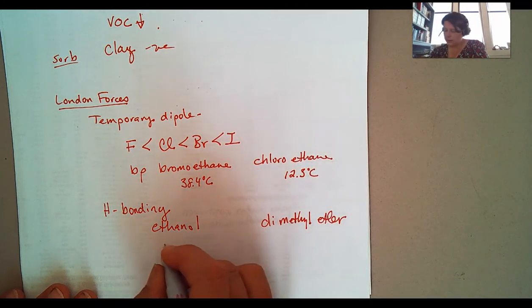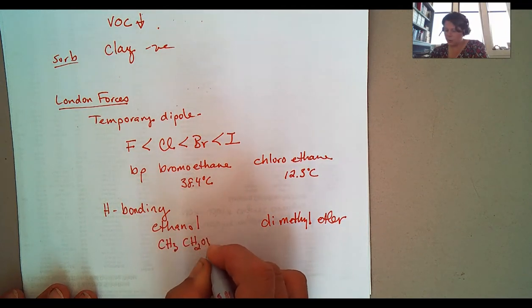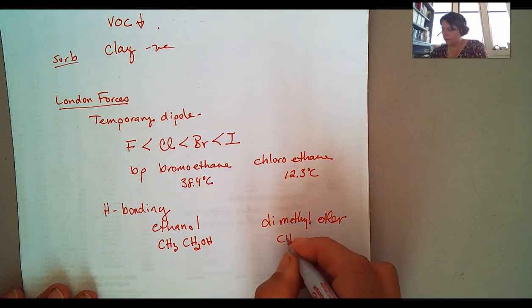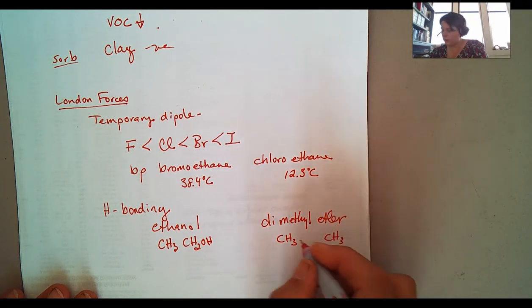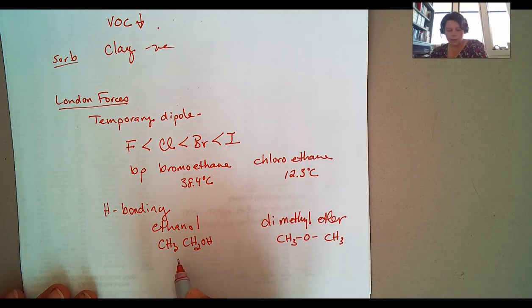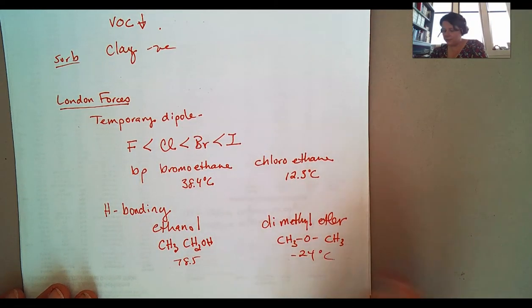Ethanol is CH3CH2OH, while dimethyl ether is one of my methyls, here's my other methyl, and then an ether group has got the oxygen in the middle. This one has a boiling point of 78.5, and this one is negative 24 degrees C.